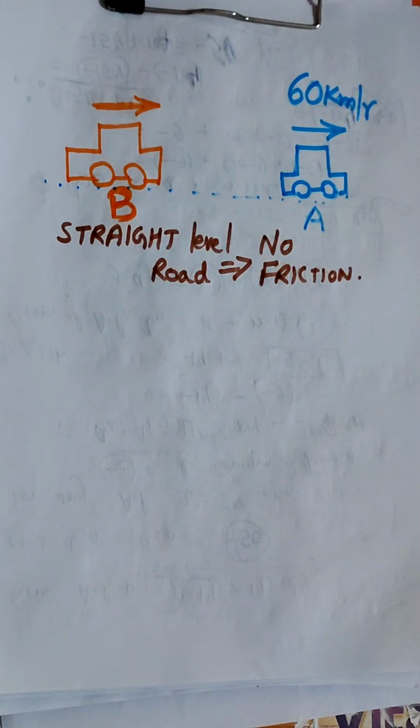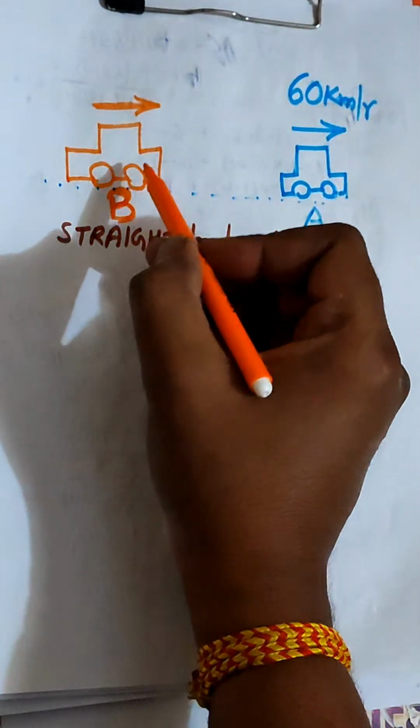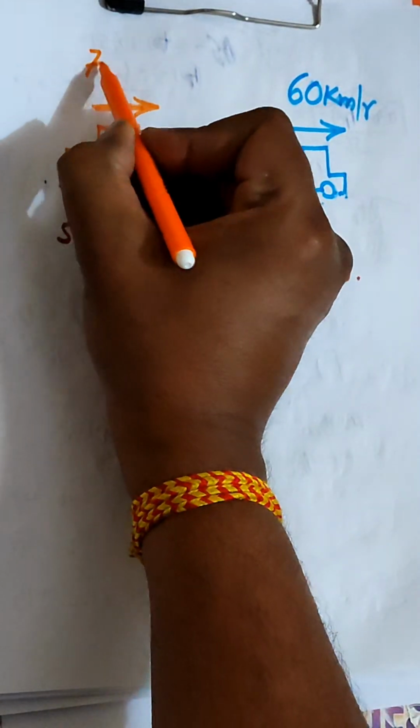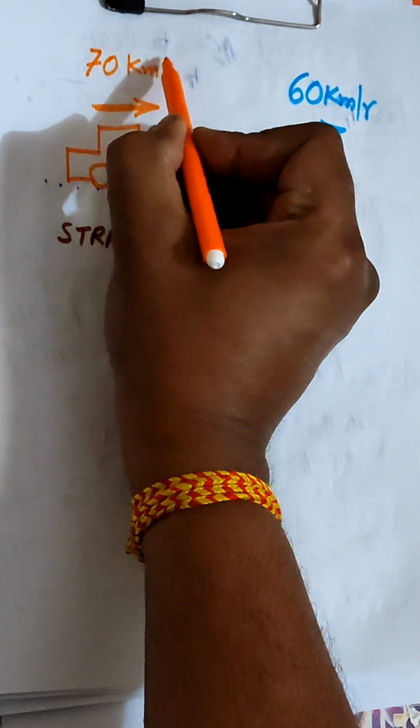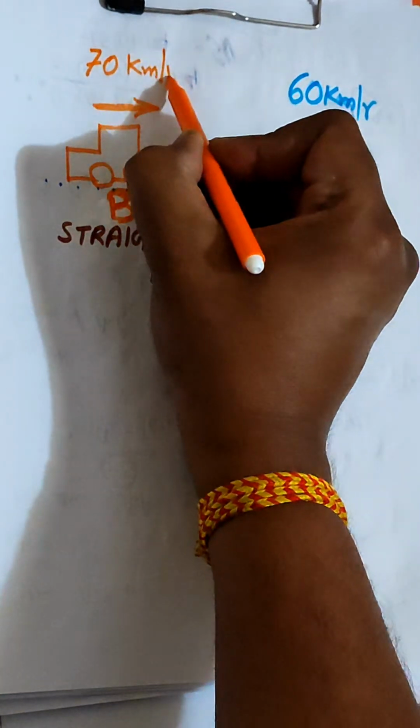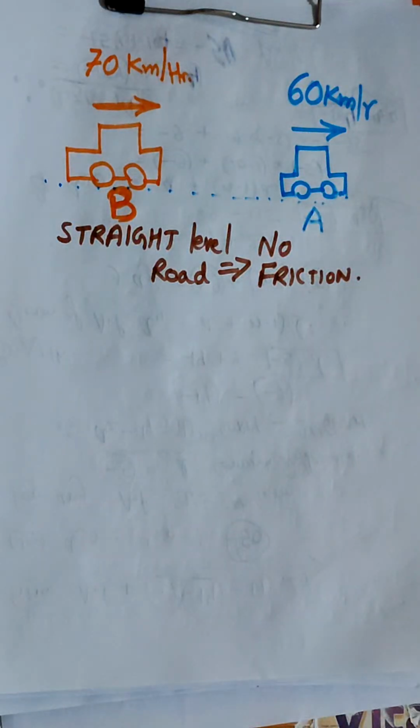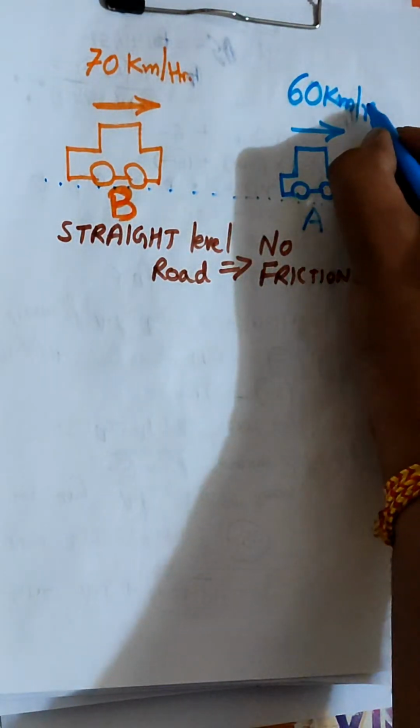It is followed by another car B which is moving with a speed of 70 km per hour. So the speed of this car is 70 km per hour, and here the speed is 60 km per hour.